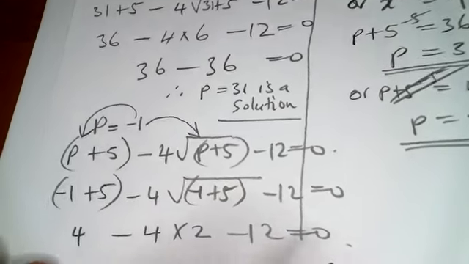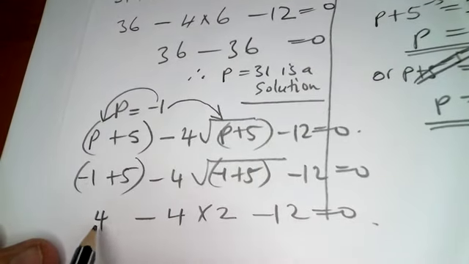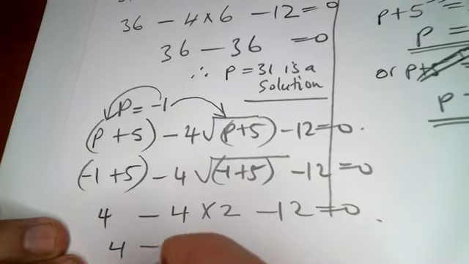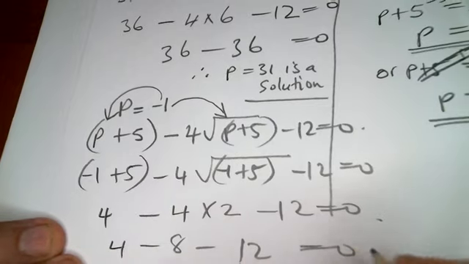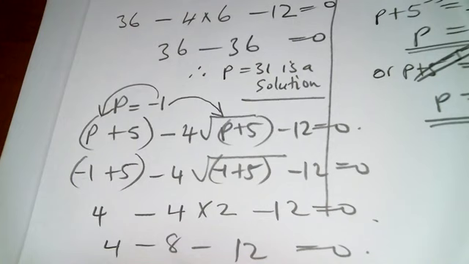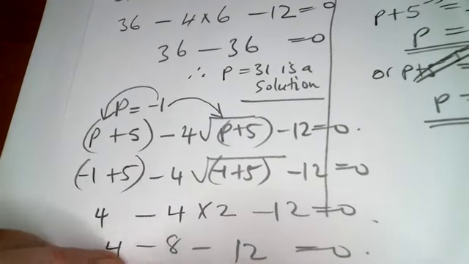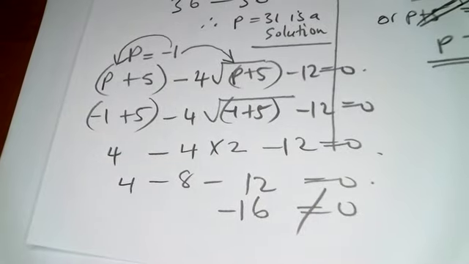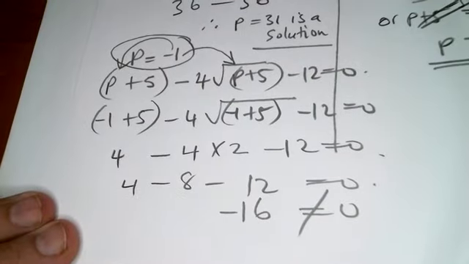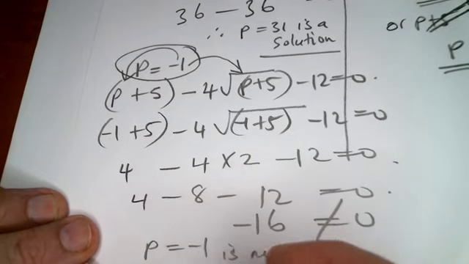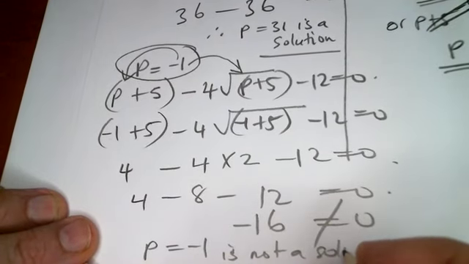So this is actually 4 minus 8 minus 12, so really it's 4 minus 20. And 4 minus 20 is negative 16, and negative 16 does not equal 0. So we know that p equals negative 1 is not a solution.